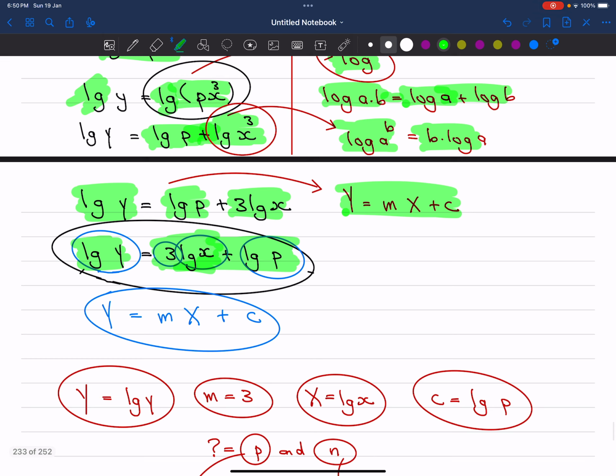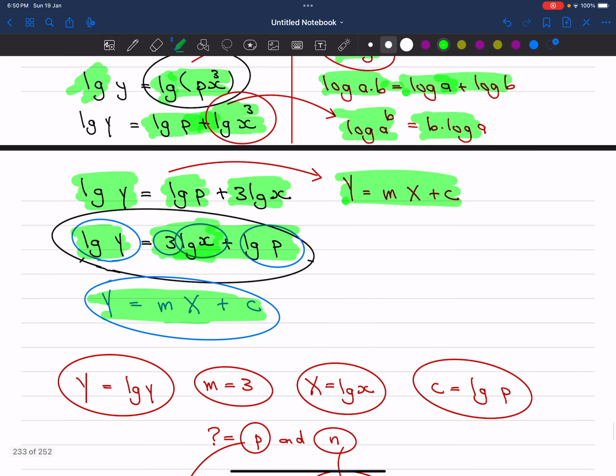Now, if I take this log equation and compare with y equals mx plus c, I will get the capital Y is log y over here, and the gradient m is 3.